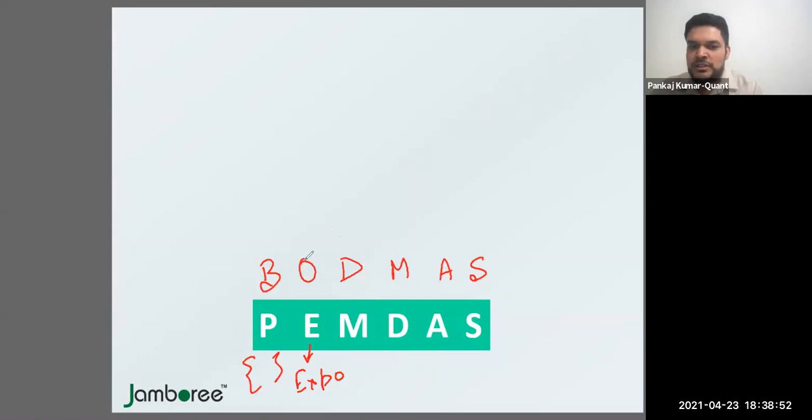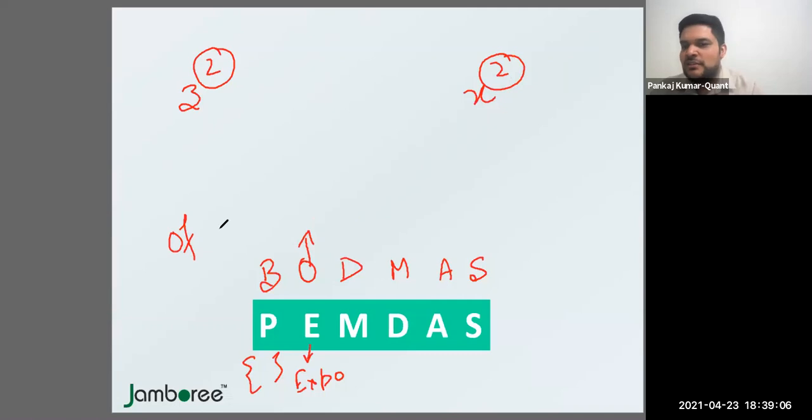What is order? 3 raised to the power 2, the order is 2. X raised to the power 2, the order is 2. This is also the exponent. Isn't it "of"? "Of" is not an operation, it's just a multiplication. Never heard of "of" here. It's an order. Order is the power, like exponent.